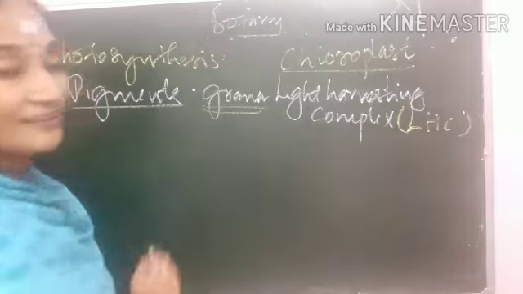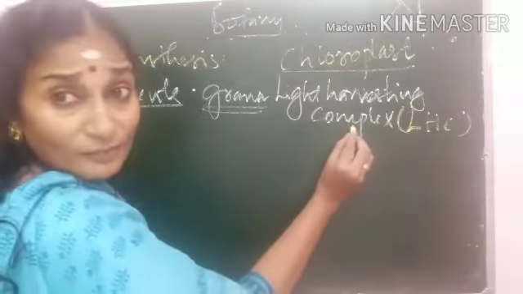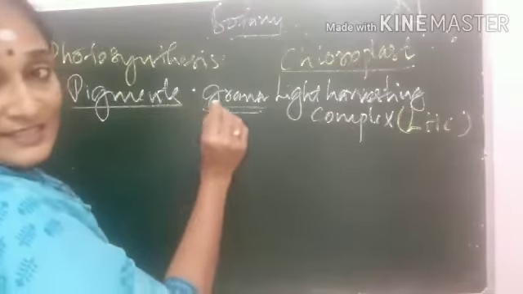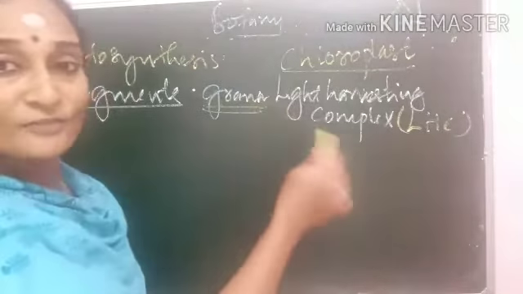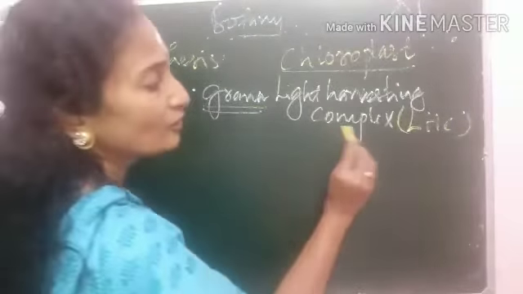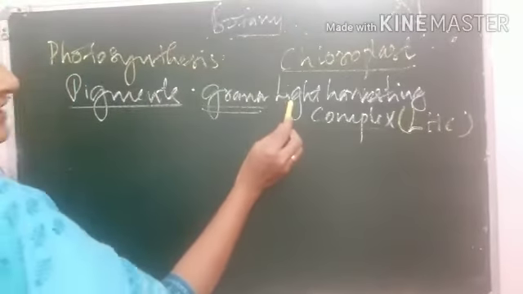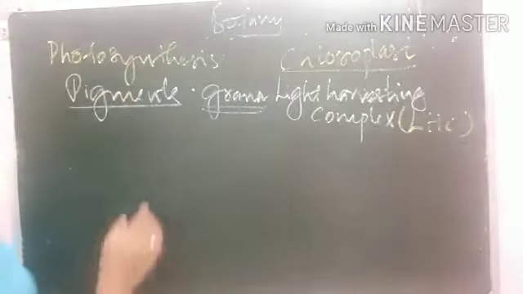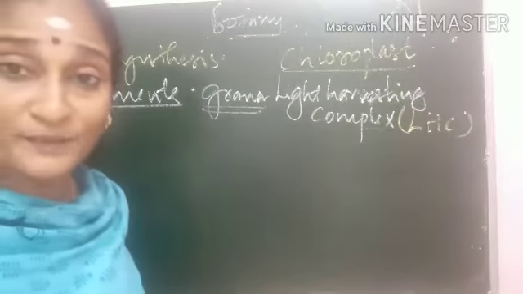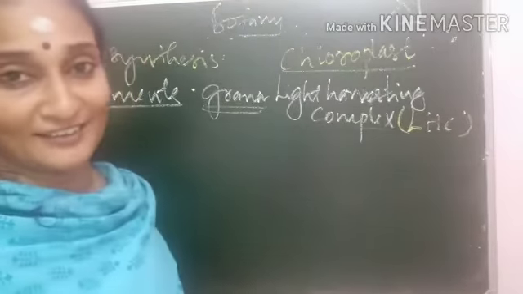It is present in grana. Why is it called a complex? These pigments are always seen along with some kinds of proteins. That's why it is called a complex. These pigments absorb light energy.